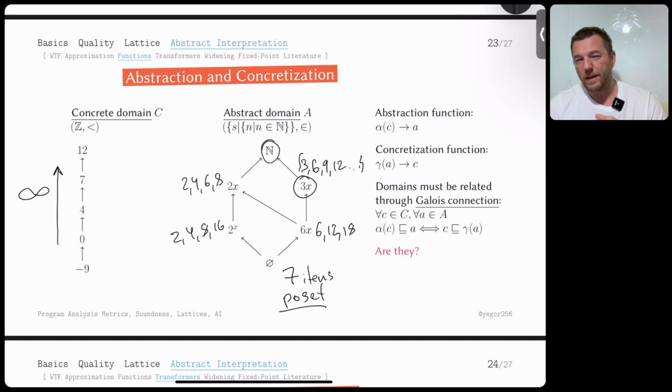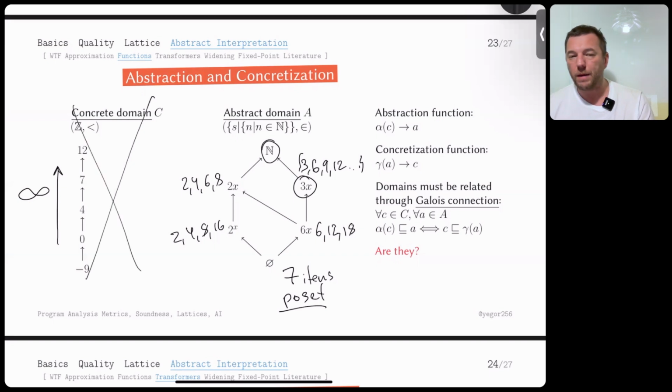Now if we define this lattice, this abstract domain, we will be able to reason about our program, about its behavior, by looking at only the abstract domain. So we will forget about the concrete domain, the real numbers, and we will just deal with the abstract domain and say the program will return 3x, or the program will return this or maybe that, or the program will accept this and then return that.